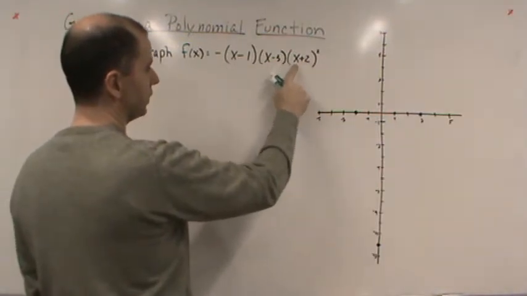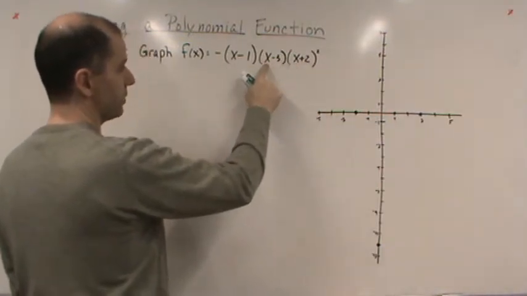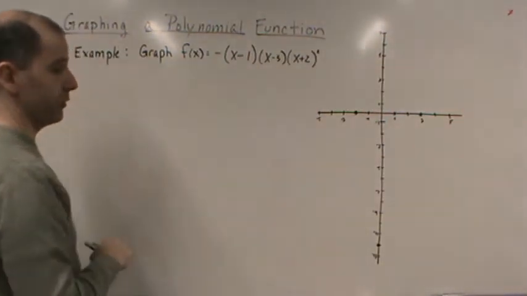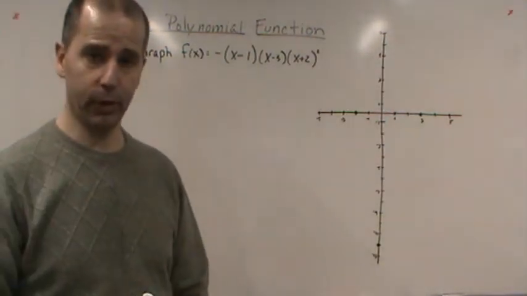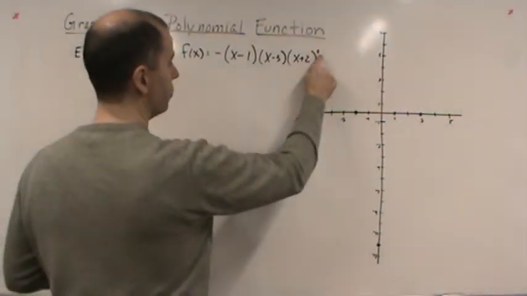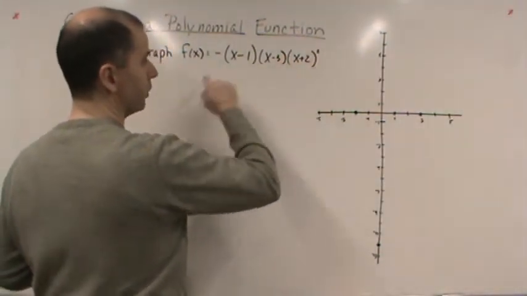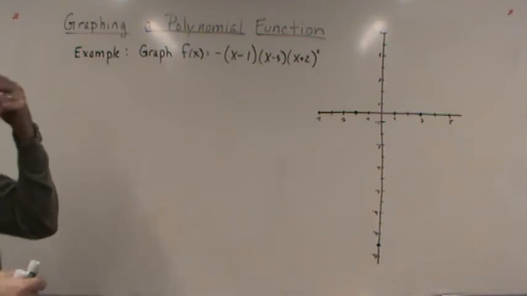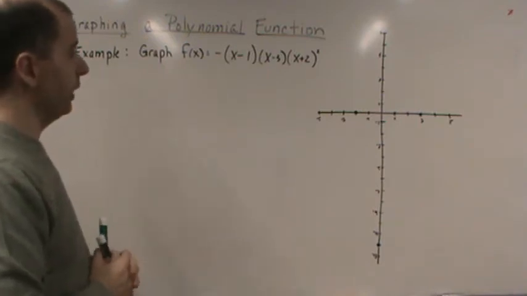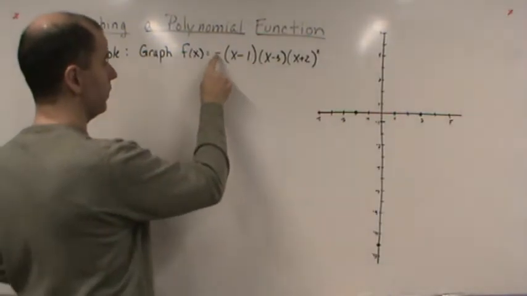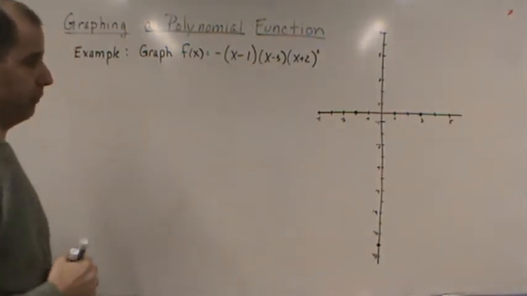So x squared times x gives us x cubed, times another x gives us x to the 4th. This is going to be a 4th degree polynomial. Okay? So again, the other way is you have 2, 1, and 1. So if you add up the multiplicities here, you're going to get an x to the 4th power. Okay? So it's a 4th degree polynomial, so it's even, and the leading coefficient is going to be negative.